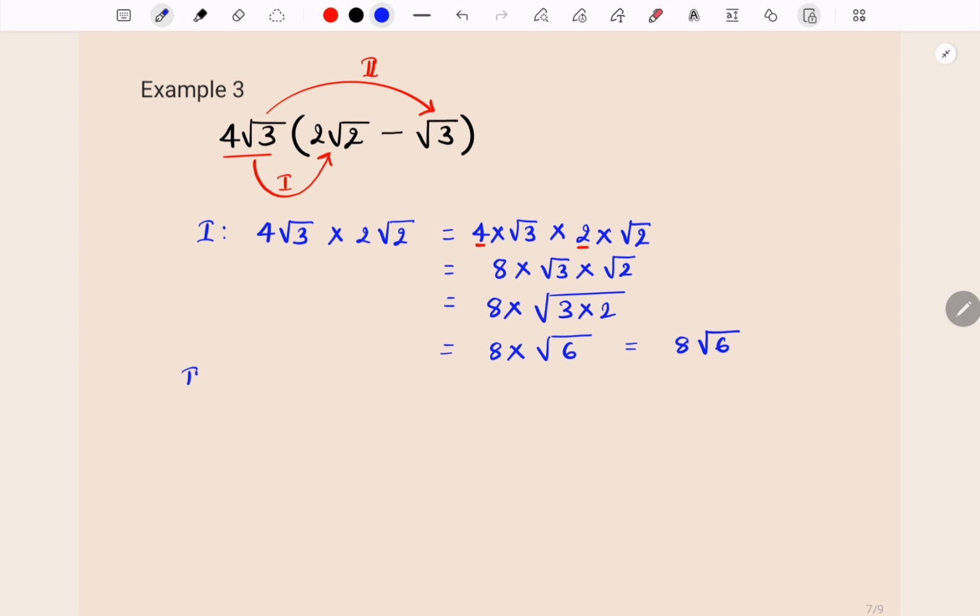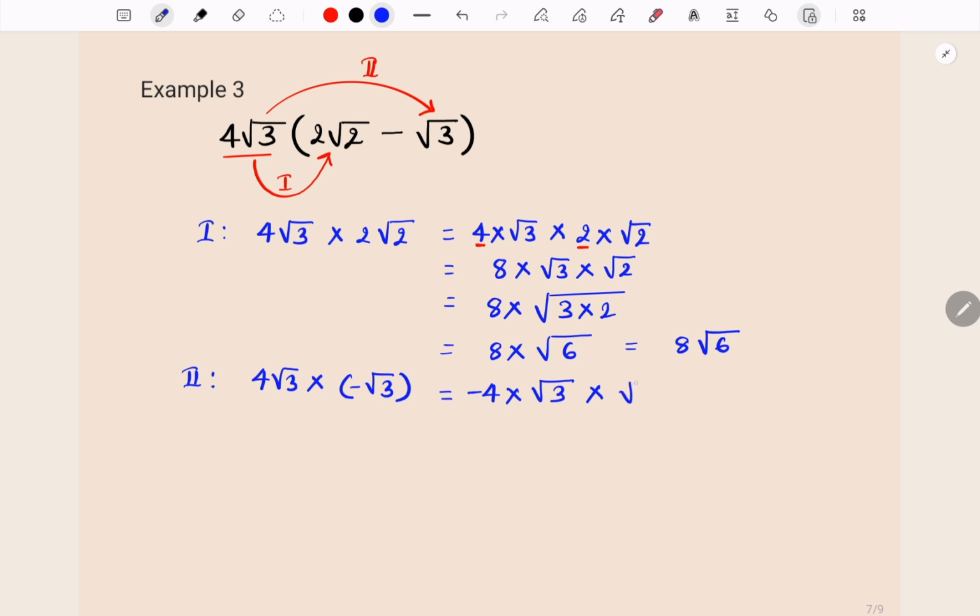Now let me do the second multiplication. We have 4 root 3 multiplied by negative root 3. Now let's solve this. 4 root 3 is 4 times root 3, and then we have minus root 3. So I can just place this negative sign here. It does not change the value.